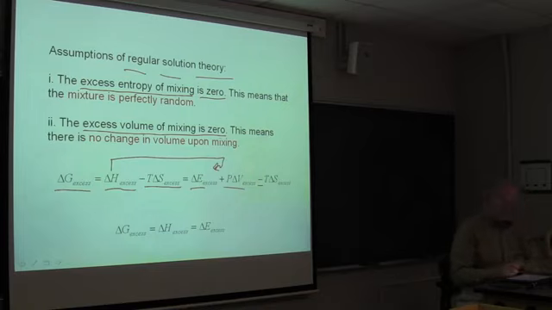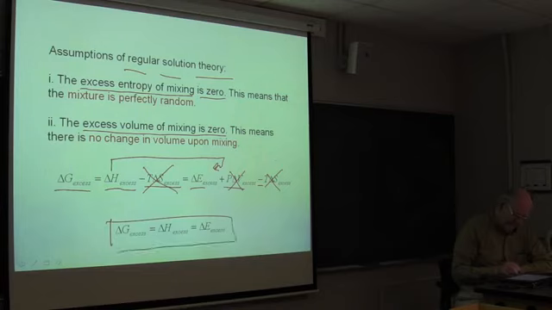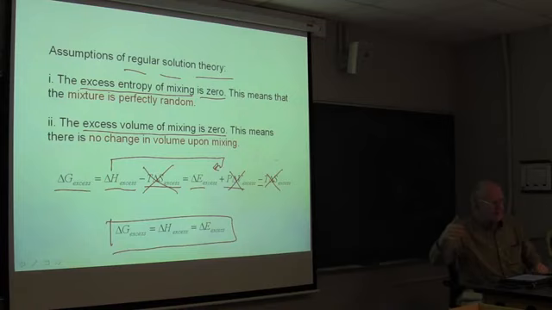Now, if the excess entropy is zero, that goes away. And if the excess volume of mixing is zero, that goes away. That leaves us with this wonderfully simple situation. The excess free energy of mixing is equal to the excess enthalpy of mixing, which is equal to the excess energy of mixing.